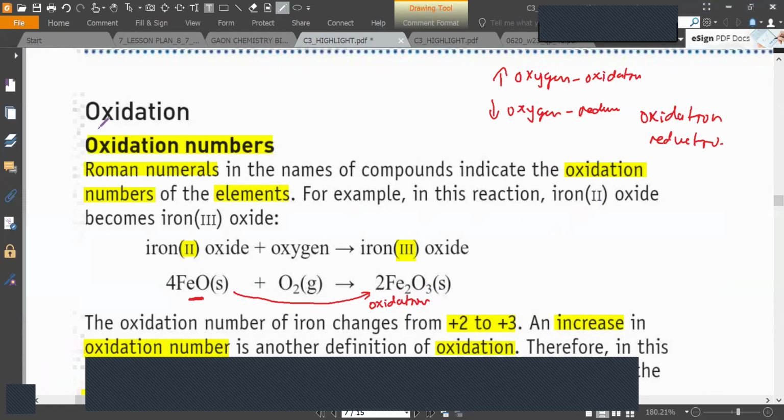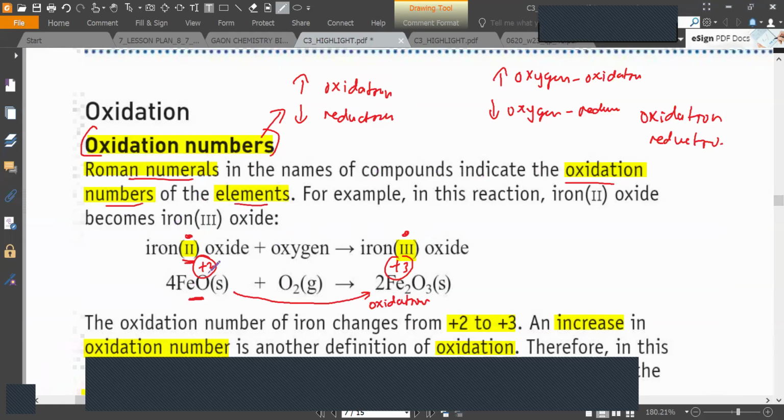We look at the oxidation number. If the oxidation number increases, it is oxidation. If the oxidation number decreases, it is reduction. Here, this ion is +2 and now it becomes +3. This Roman numeral tells us the oxidation number.